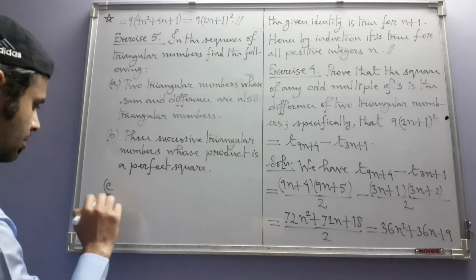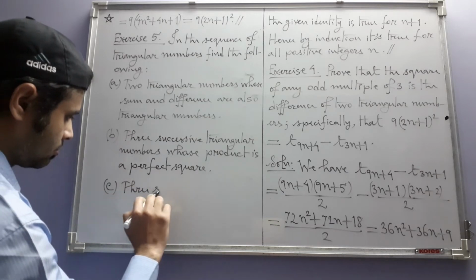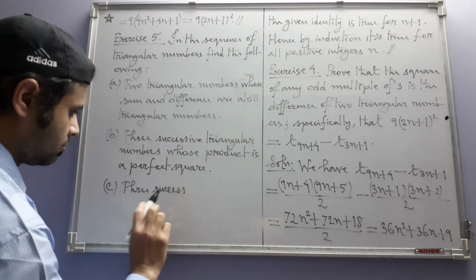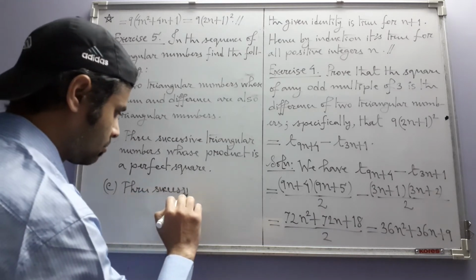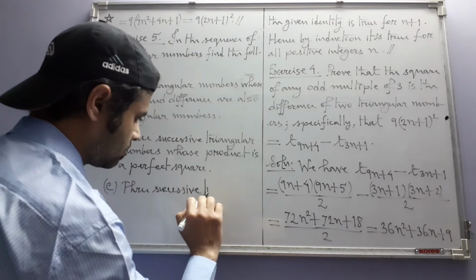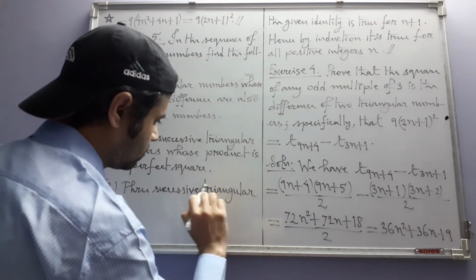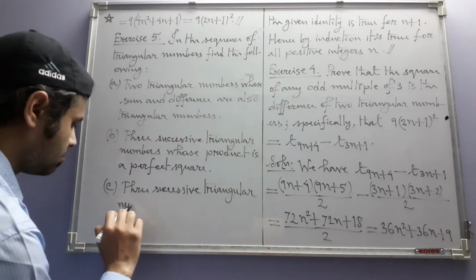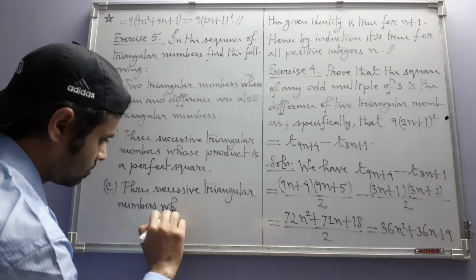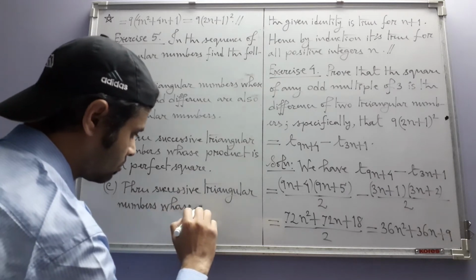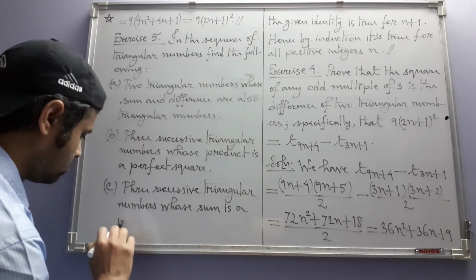Okay, and finally C: three successive triangular numbers whose sum is a perfect square.